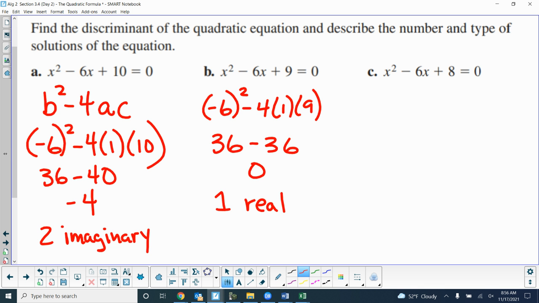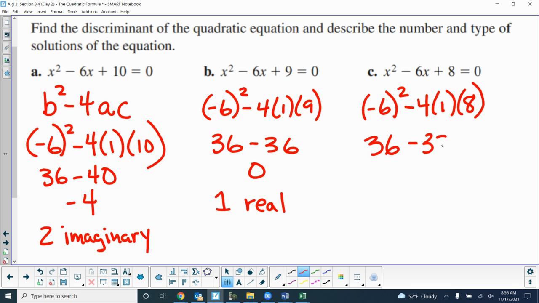Okay? And then here, it's the same problem except it's 10 for C, 9 for C, then 8. So as each C value got changed a little bit, we got a little bit different answer. We got 36.